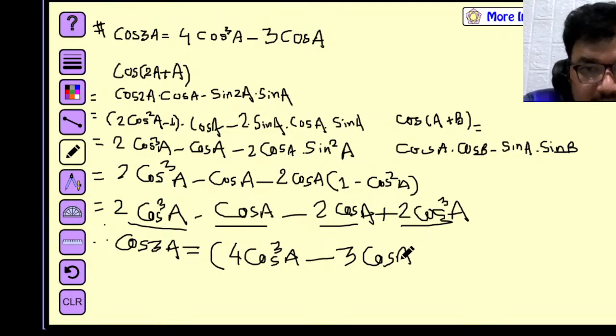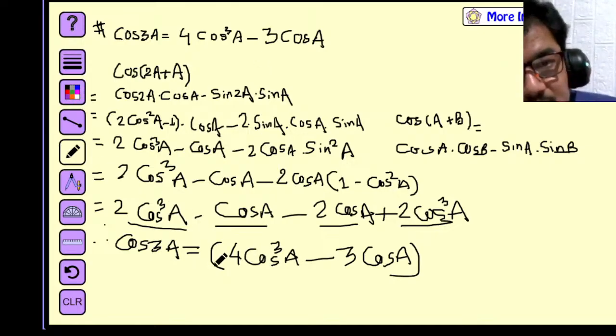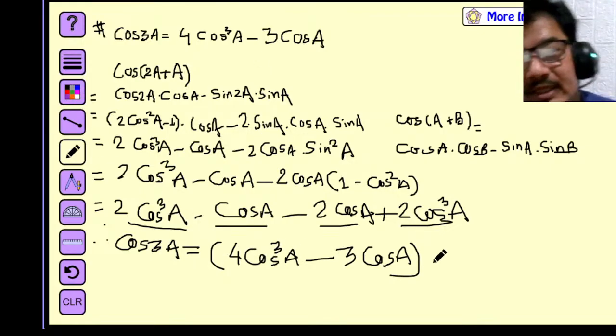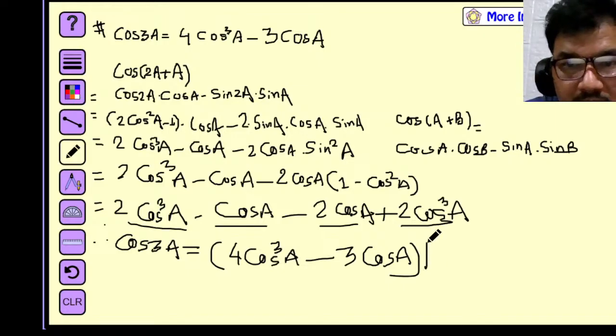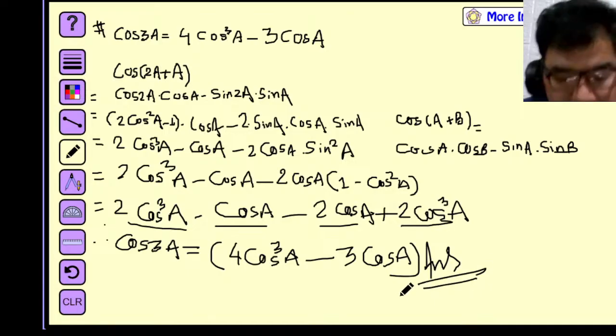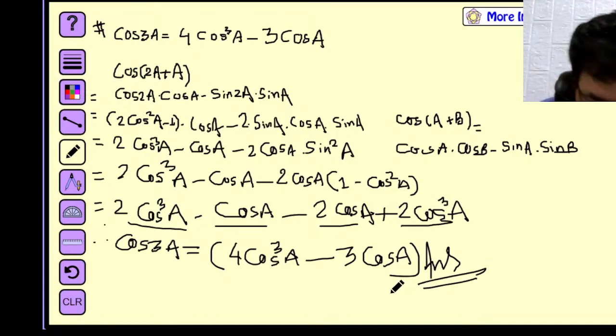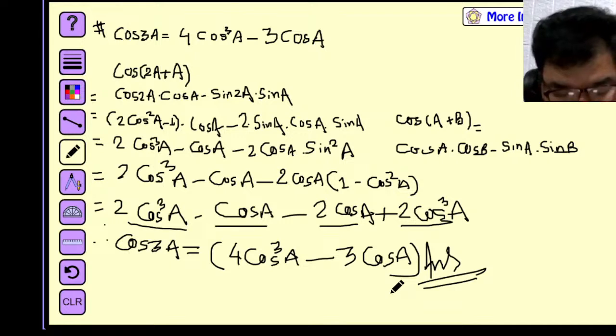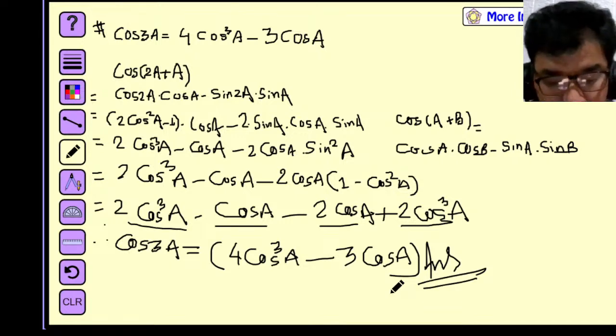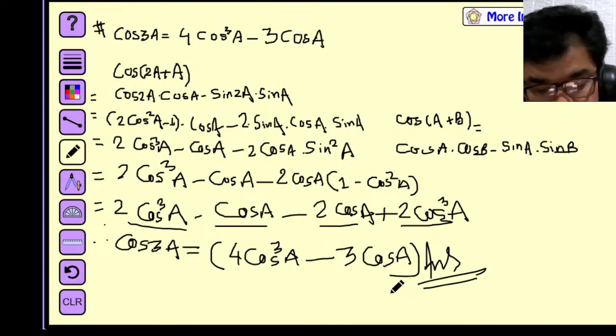Like this we derive this other relation: cos 3a equals 4 cos cube a minus 3 cos a. This is another formula of multiple angles. I hope you understood how cos 3a equals 4 cos cube a minus 3 cos a. This is the way to find it out.